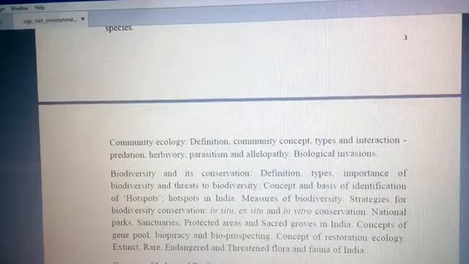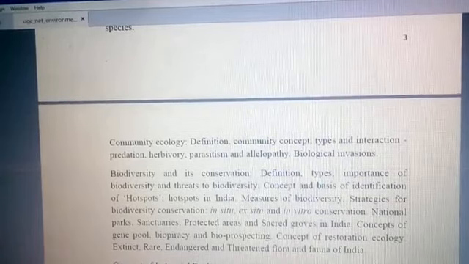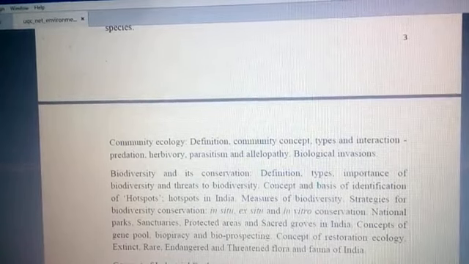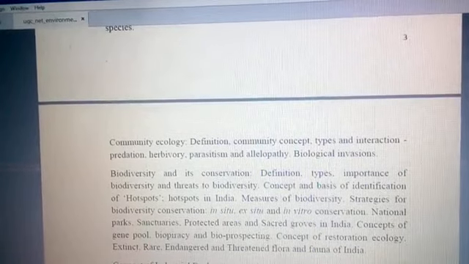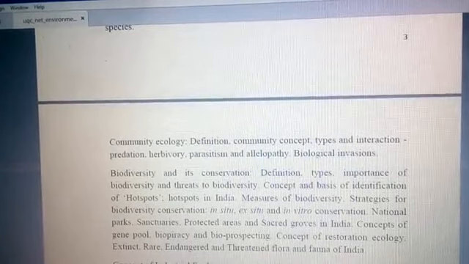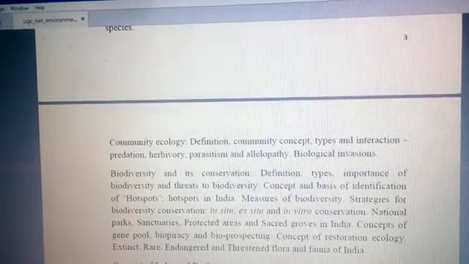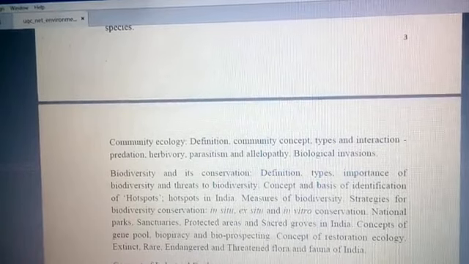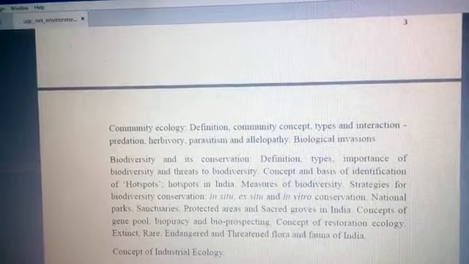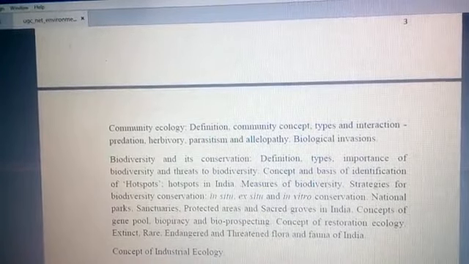Biodiversity and its conservation is the next topic, in which the definition, types and importance of biodiversity and the threats to biodiversity will be covered, in concept and basis of identification of hot spots and the hot spots in India, major strategies for biodiversity conservation, in situ and ex situ conservation, national parks, sanctuaries, protected areas and sacred groves in India, concept of gene pool, biopiracy and bioprospecting, concept of restoration ecology, extinct, rare, endangered and threatened flora and fauna of India.